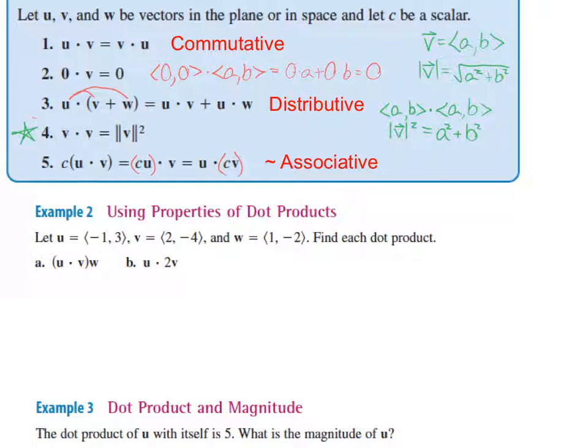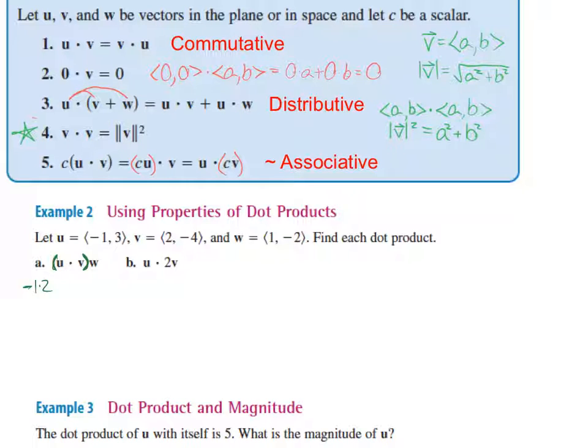u dot v, first of all. How do we get u dot v? u times v plus u times v. So what numbers am I using here? -1 times 2 plus 3 times -4.